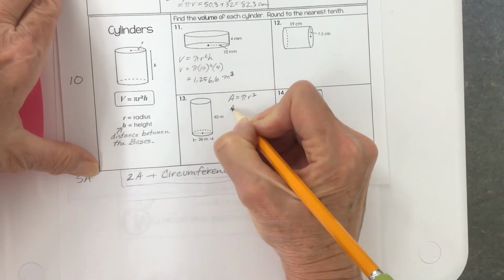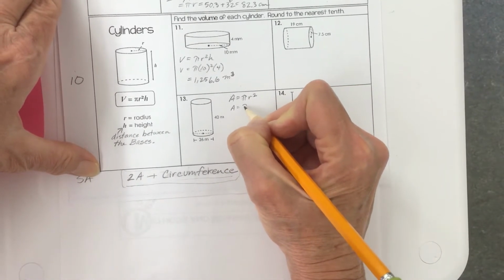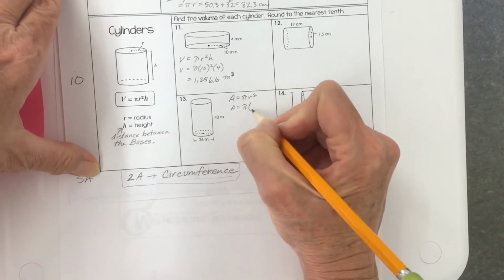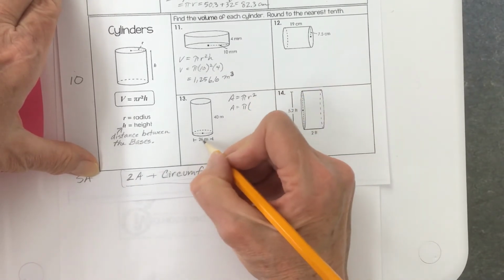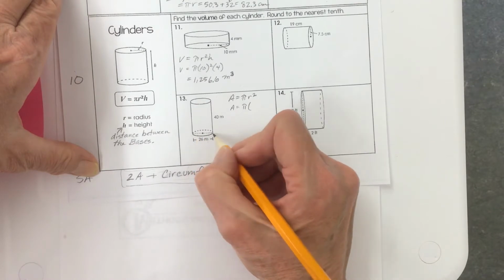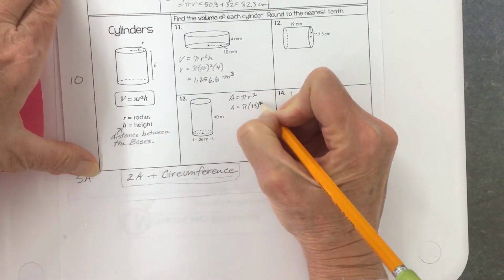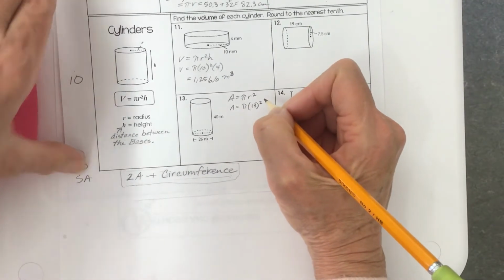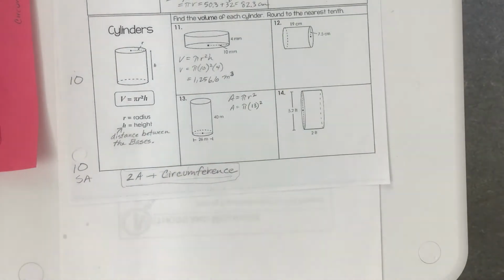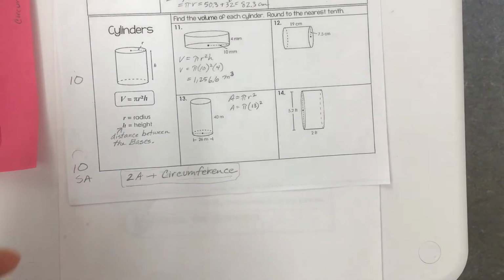Then we can fill in the numbers. Pi just stays pi, but r is going to be half of the diameter, so that's 13. So 13 squared. Now we can do the math.